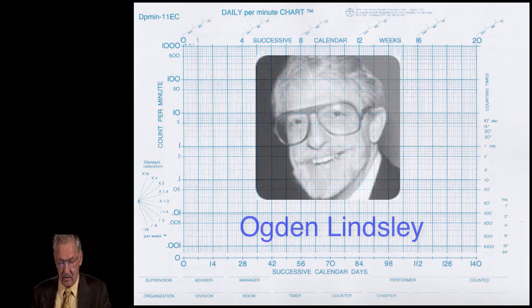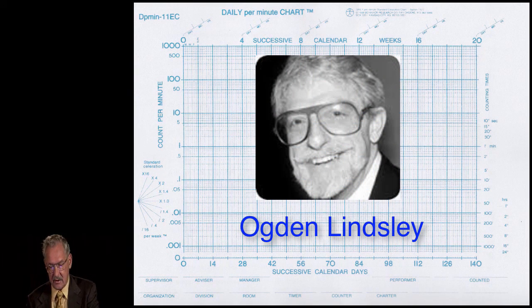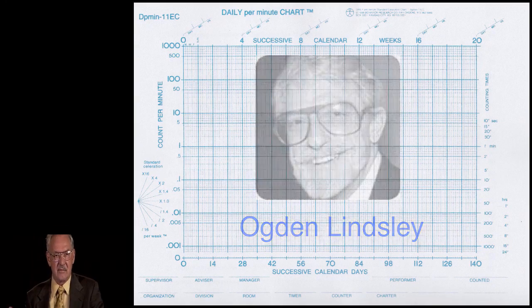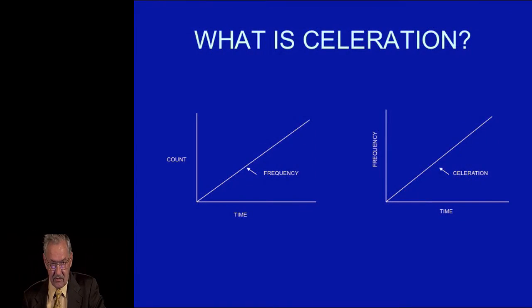Now, one of Skinner's premier students, Ogden Lindsley, developed an instrument for viewing frequency change over time. Now, it stands to reason that if we're interested in the application of the behavioral science, we're probably interested in the most sensitive measure possible of behavior change.